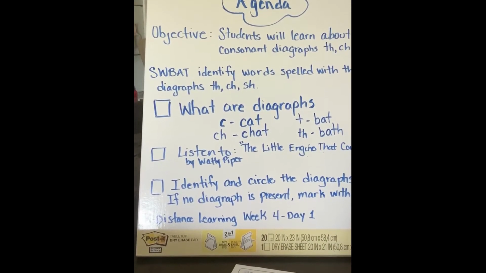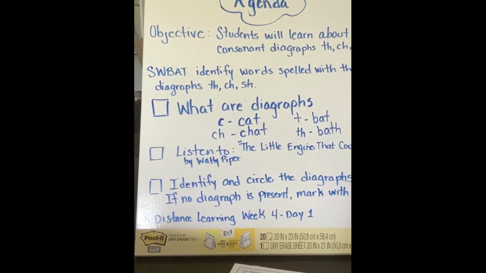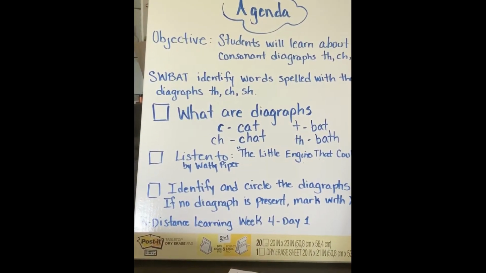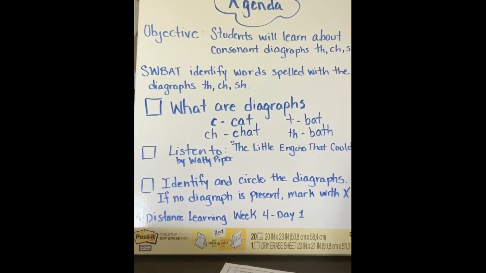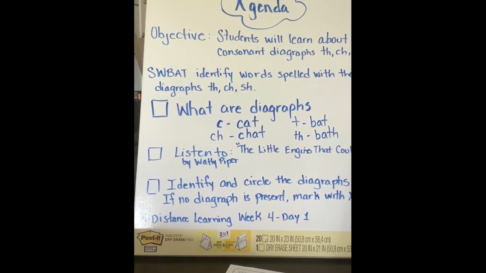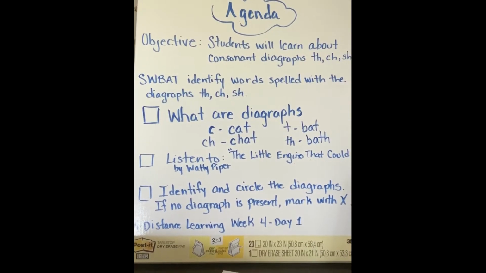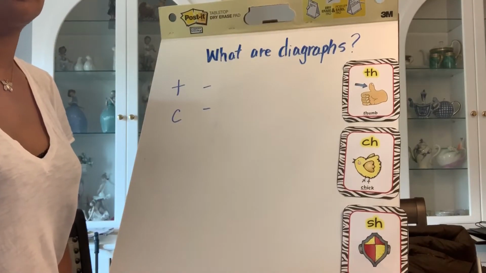That should have a question mark at the end, I will fix it. We're going to listen to the story The Little Engine That Could, by Watty Piper, and we're going to identify and circle the digraphs on the paper that I just showed you. If there's no digraph present in the word, then we're going to mark it with an X. Okay, let's get started.